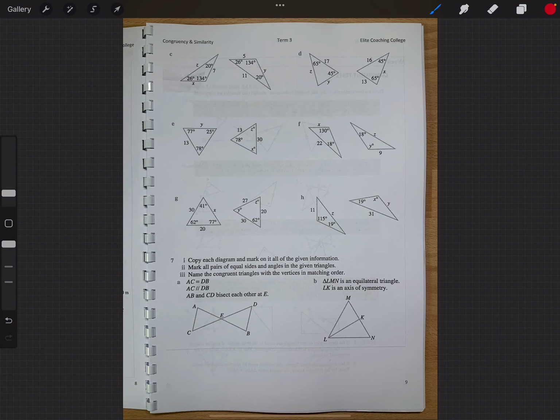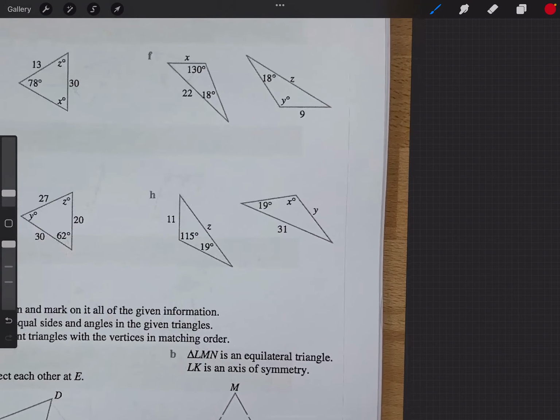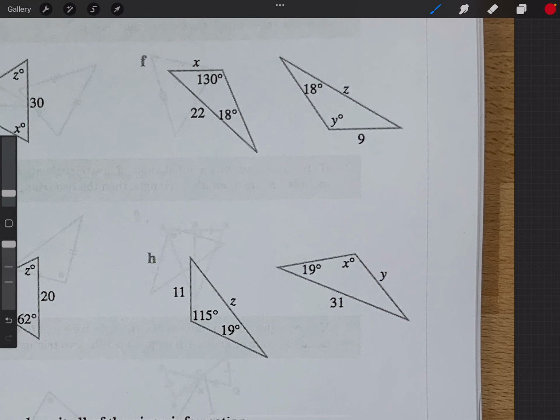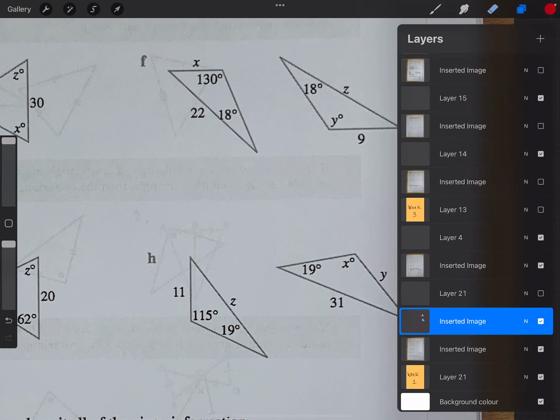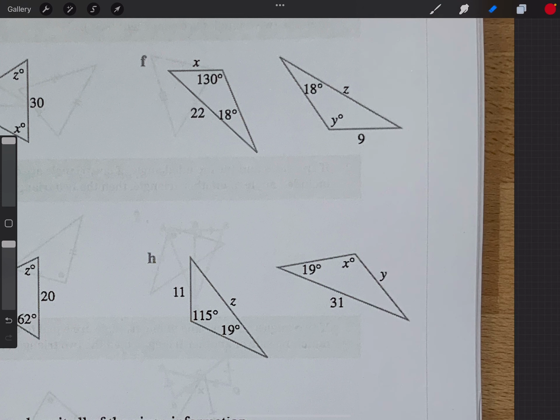Alright, I'll do maybe 2 more. I'll do F and H. So X, now let's find out for X. This length X here is opposite the angle 18.